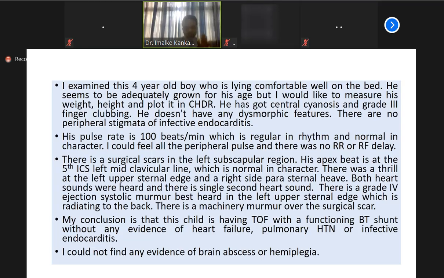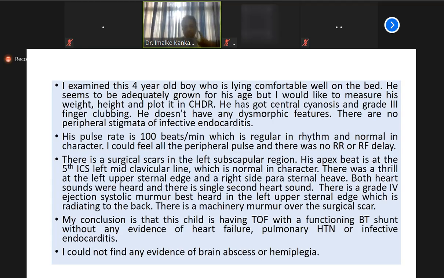There was a thrill at the left upper sternal edge and right side parasternal. Both heart sounds are heard, and there is a single second heart sound. There is a grade 4 ejection systolic murmur best heard at the left upper sternal edge. You don't come and present a thrill with a grade 3 murmur; that is incompatible. If there is a thrill, then the murmur has to be grade 4. It is radiating to the back, exactly the same place on the back of the chest.